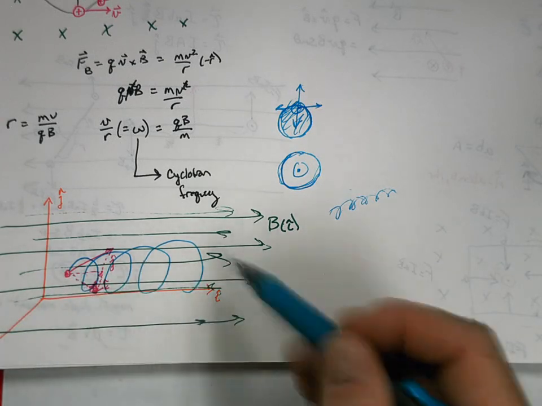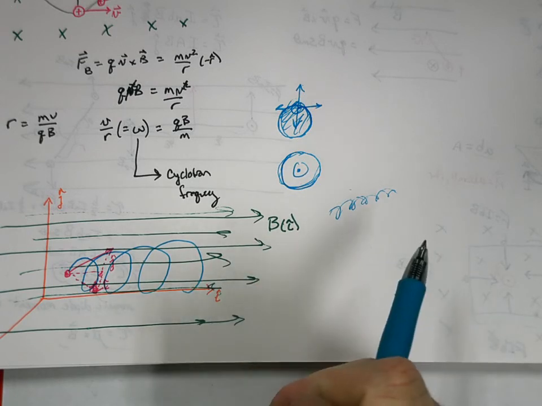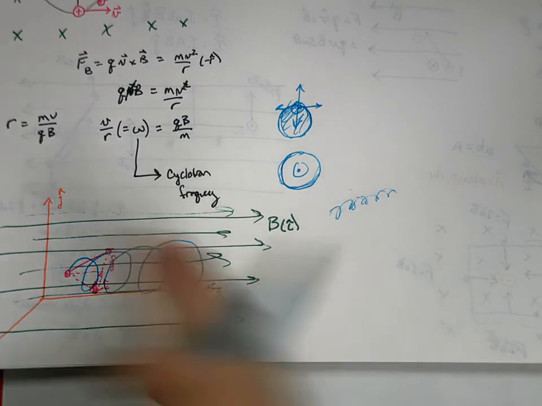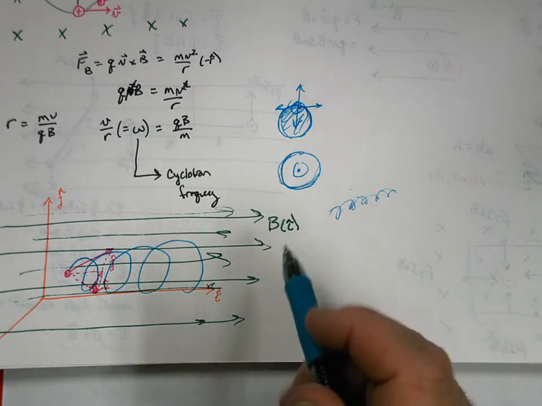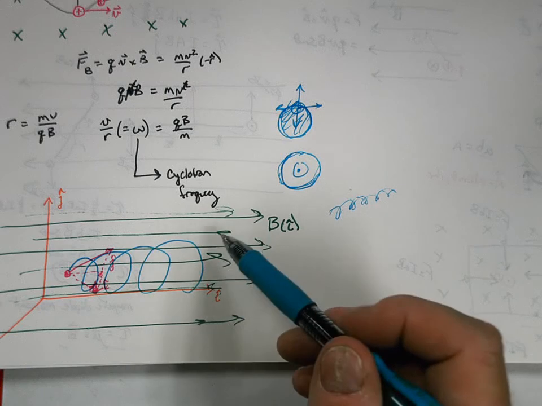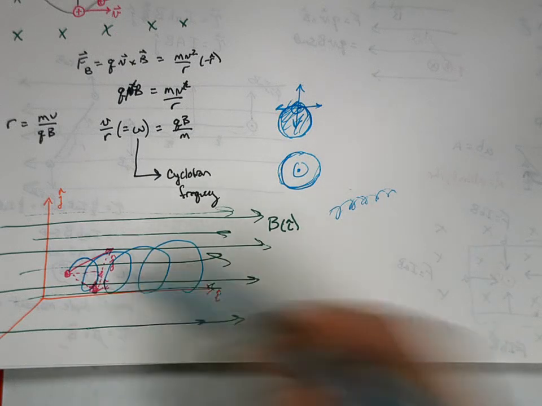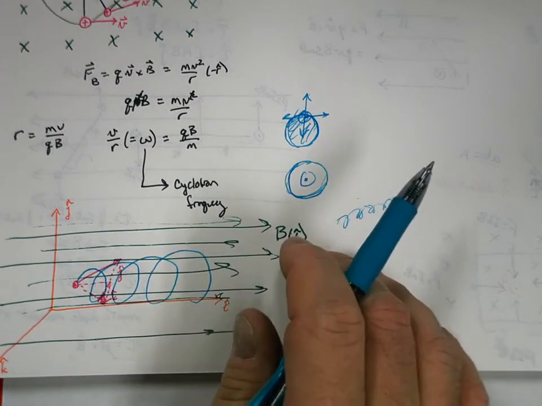But the other components are changing alternately, so you start getting this circular spiral-looking thing. It'll spiral around the I-hat direction. And this is how charged particles move in a magnetic field.